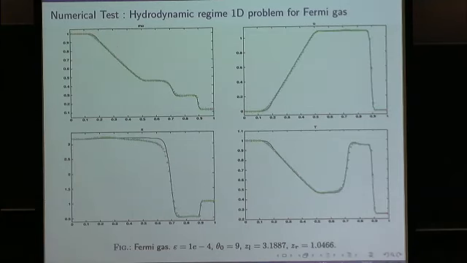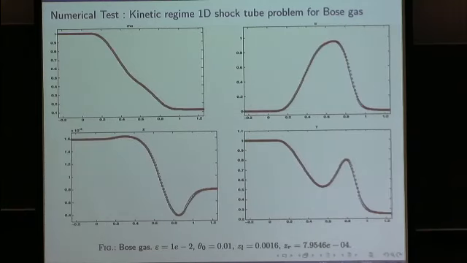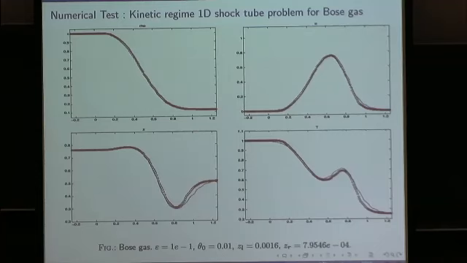Finally, we also applied the scheme for Fermi gas, still with small values of epsilon, and in that case we still observe a difference for large theta on the fugacity, whereas for the rho, u, and T, the approximation is really correct.